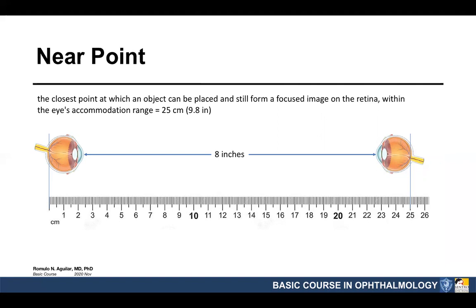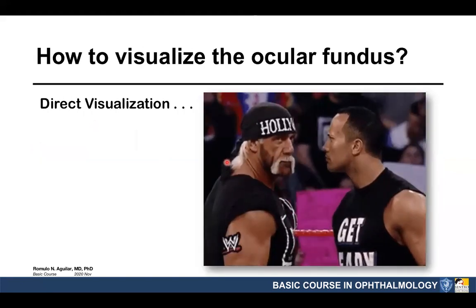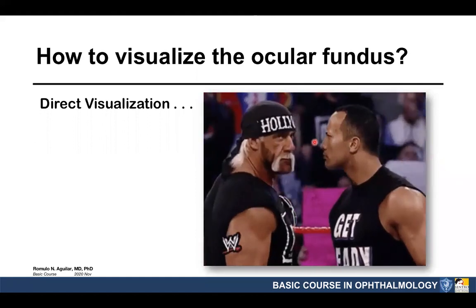Adjusting for the axial length of the subject eye and the examiner's eye, the distance between both eyes will be about 8 inches. Okay, so 8 inches away, there is a possibility that the object will still be focused on the retina. So these two guys are trying to do that.